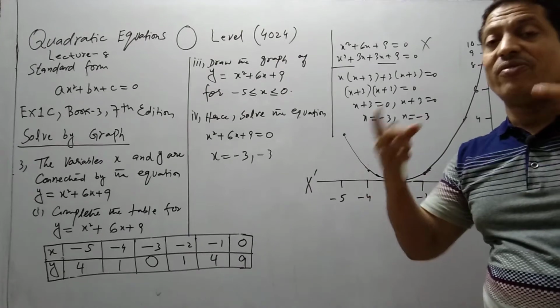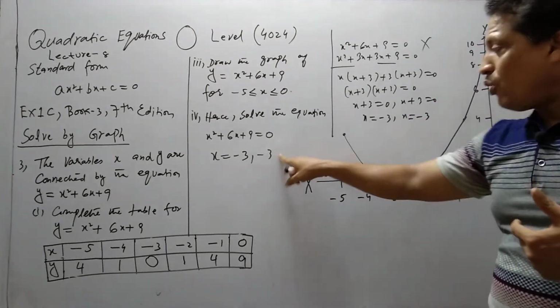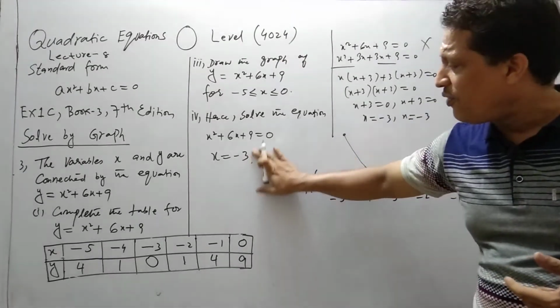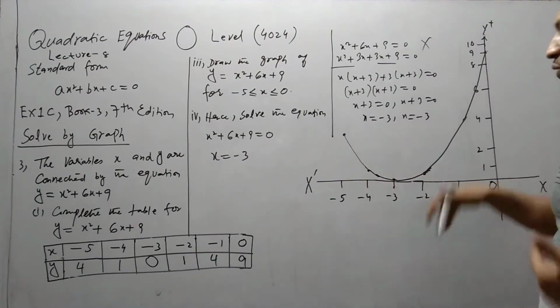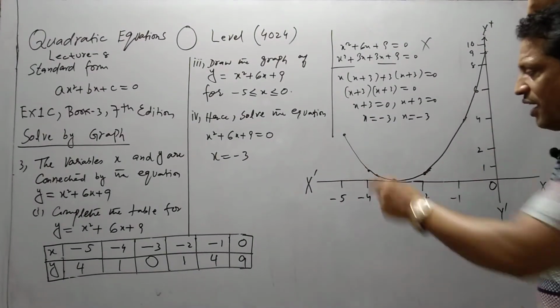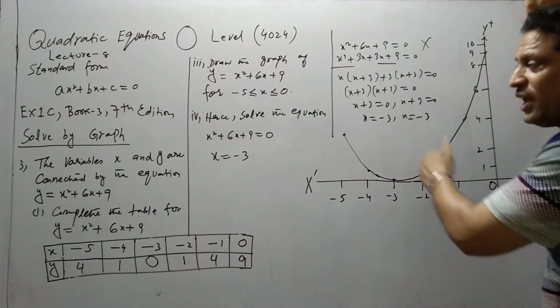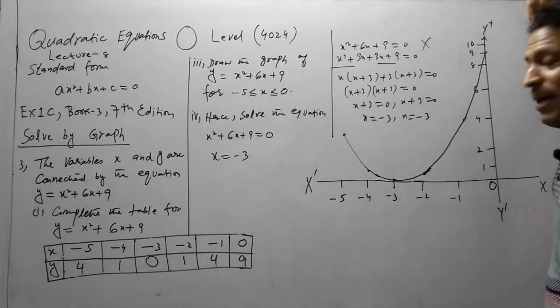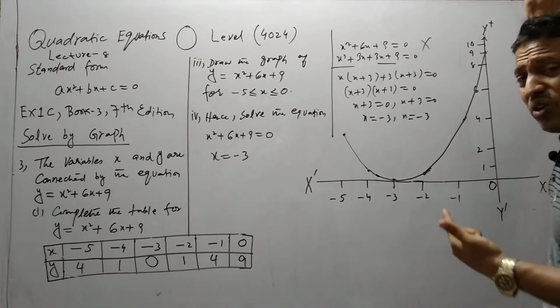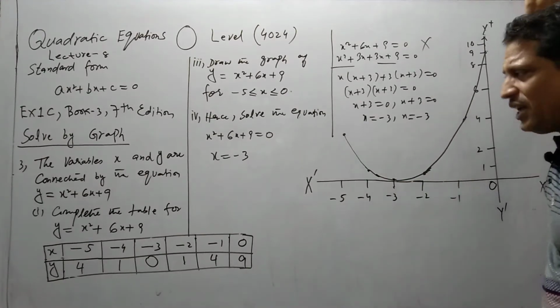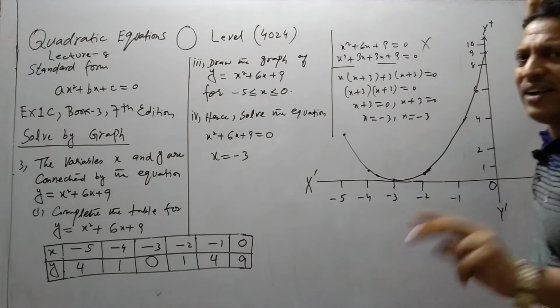Kindly keep in mind what I am saying. If both the values are the same, you don't have to write both. But if your curve cuts at two values, for example one is minus 4 and one is minus 2, then your answer will be minus 4 and minus 2. But in this case, because your graph is cut at only one point, you just write one answer.